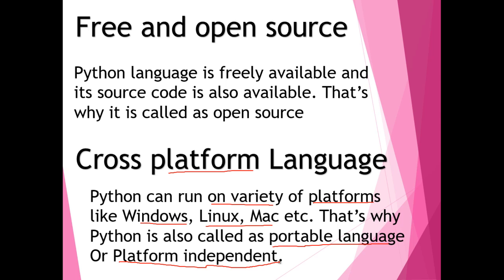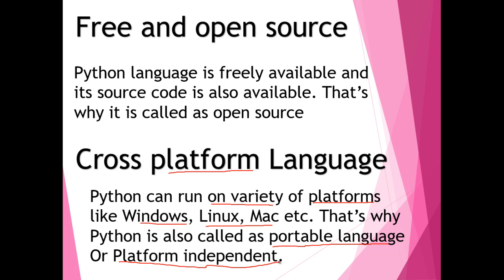The next point we learned today is that Python is a cross platform language. It means a Python program can be run on any system having any type of operating system. It does not depend on the type of operating system, that is, it is platform independent.